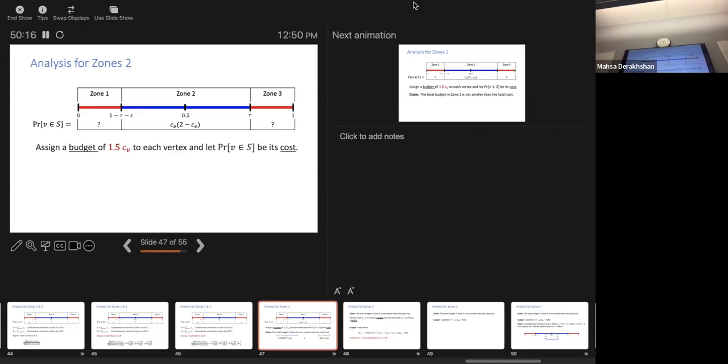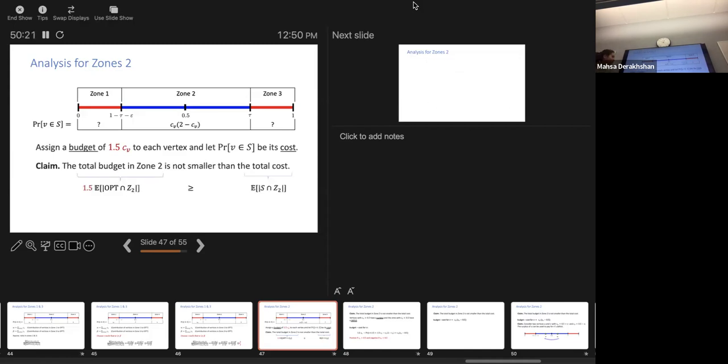So the sum of budgets would basically be the expected number of vertices in zone 2 that are in the optimal solution, right? And the total cost is the number of vertices in zone 2 that are output by the algorithm.